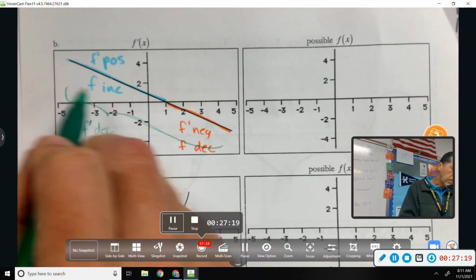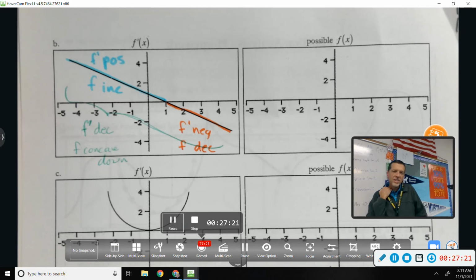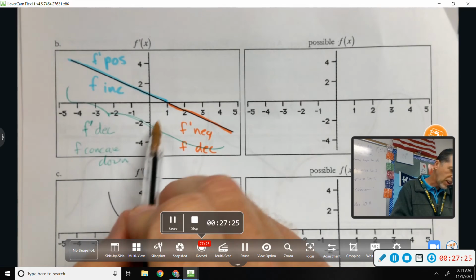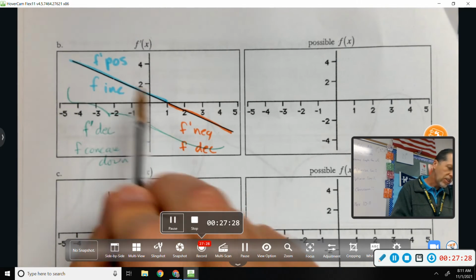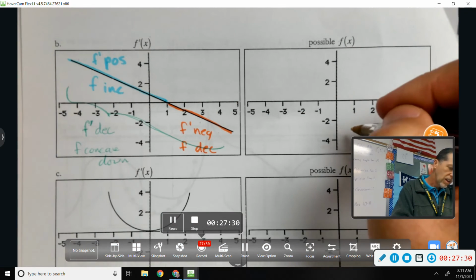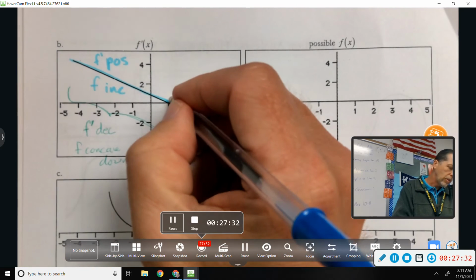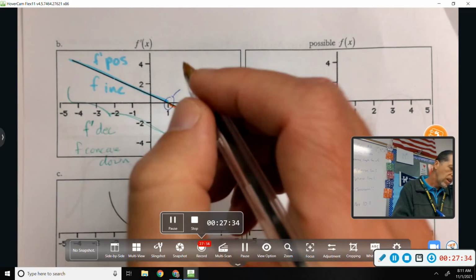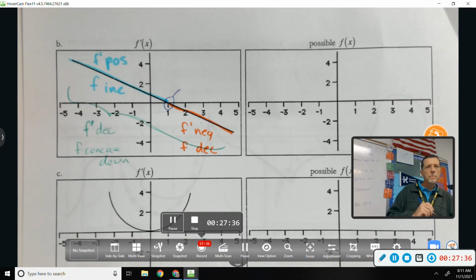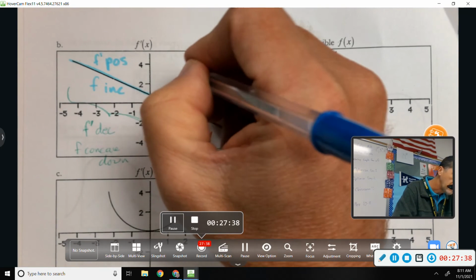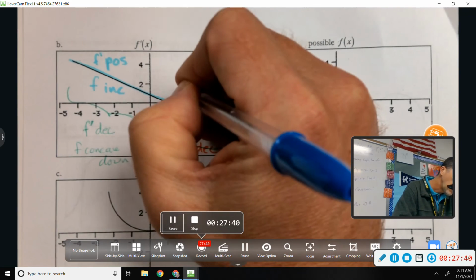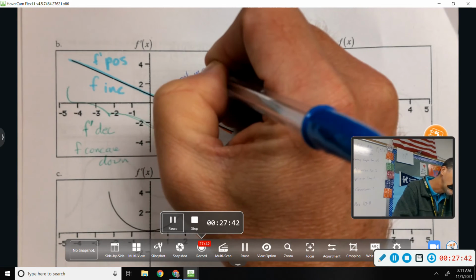So I'm concave down the whole way. And at x equals 1, I change from increasing to decreasing. So actually, what is going on at x equals 1? A relative maximum is there, because f prime changes positive to negative.